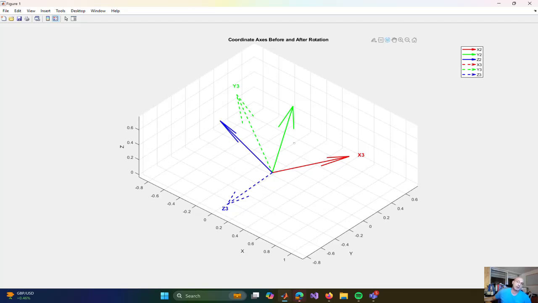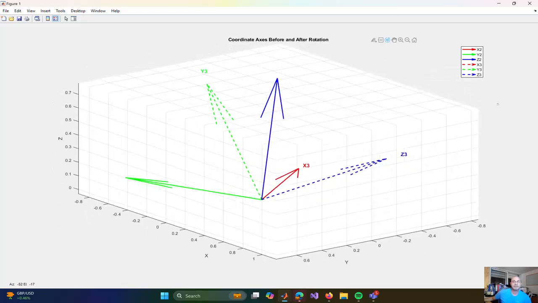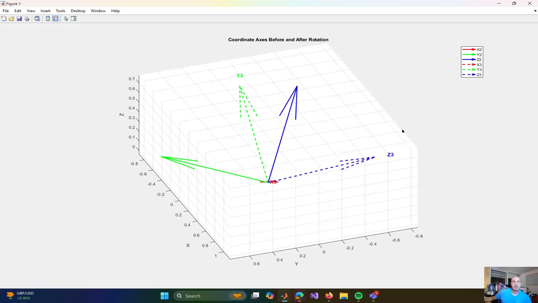Now, since it was around the x2 axis, we can see that x3 overlapped it. And we can see that we have 60 degrees of movement from y2 to y3, x2 to x3.